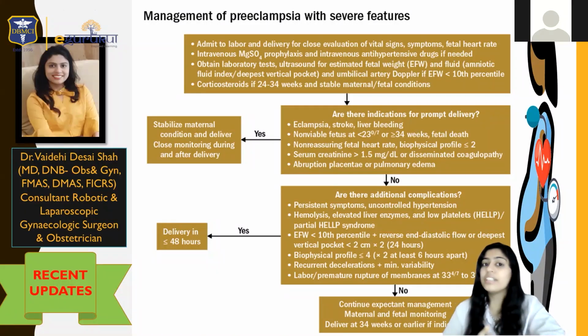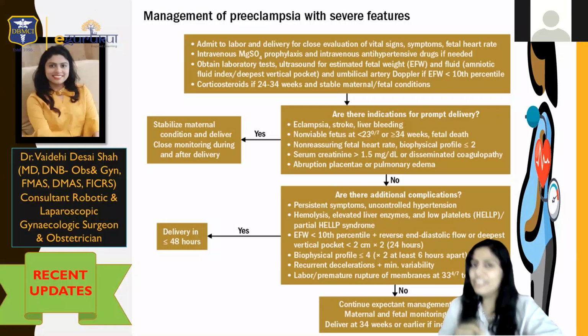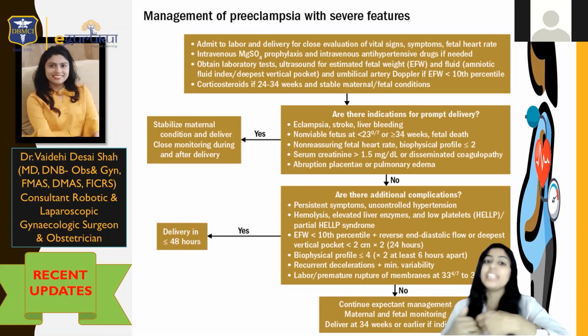Remember that whenever a fetus is more than or equal to 34 weeks, it should definitely undergo prompt delivery. Why? Because the definitive treatment of preeclampsia is delivery. All right. Whatever the pathophysiology was, it was a poor placentation in pregnancy which led to the entire pathophysiology of preeclampsia.